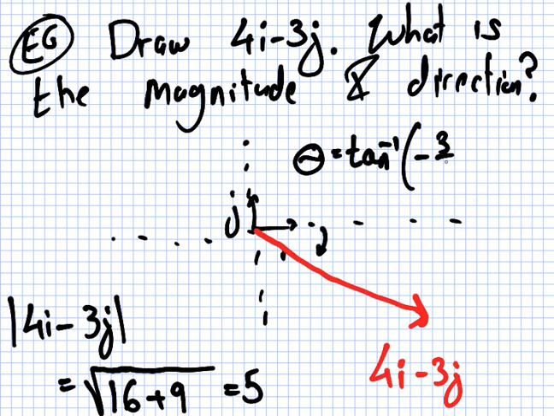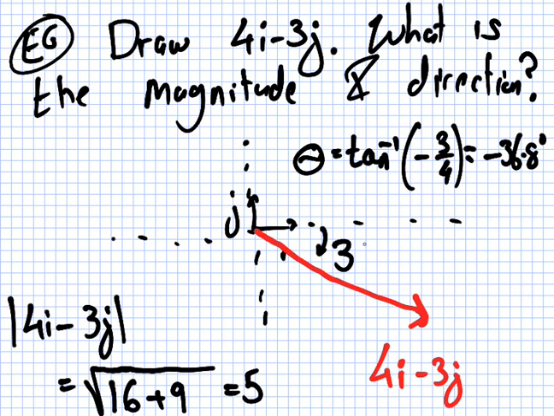minus 3 over 4. Do you mind telling me what that is on your calculator, please? Yeah, it should be minus, yeah, what is it? Minus 36.8 degrees, because it's going down.